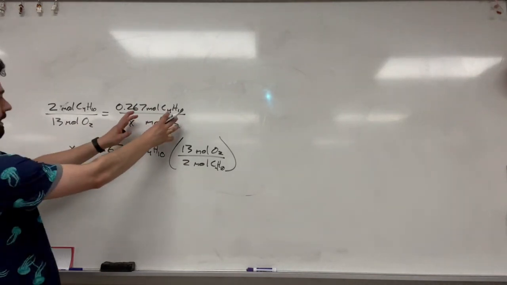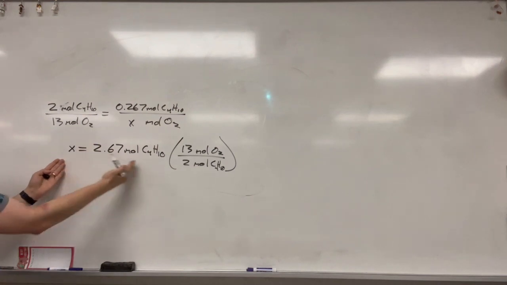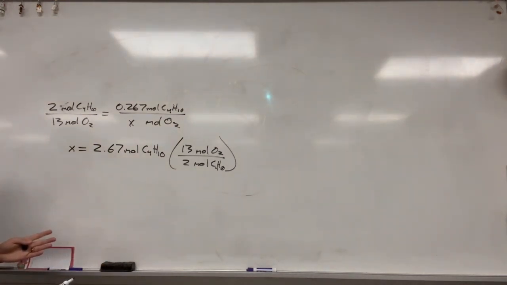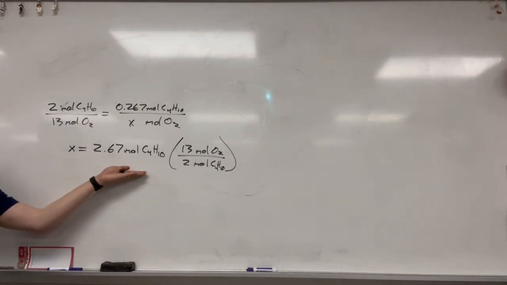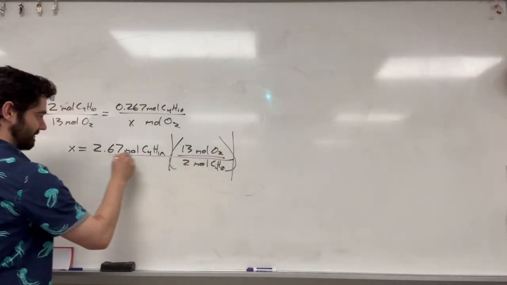So all I did is I moved x over, and then I moved this fraction to this side, so I have this. Did I solve for x correctly? Okay. What does this look like?